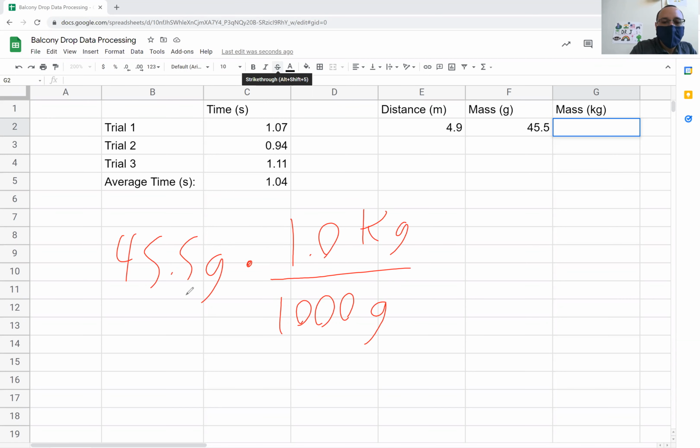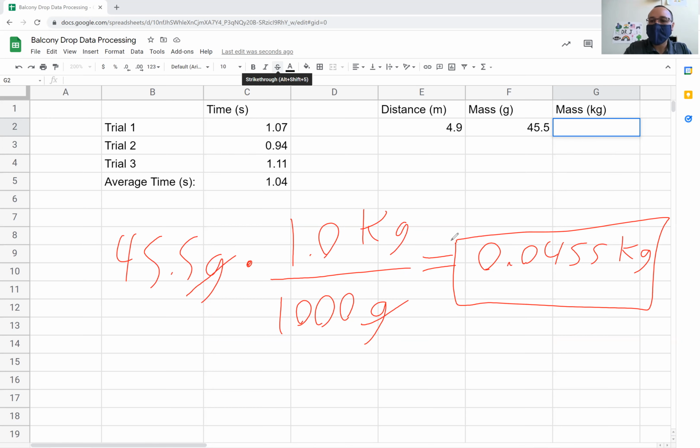The grams cancel out, and that's going to give you 0.0455 kilograms. So that's the little conversion.